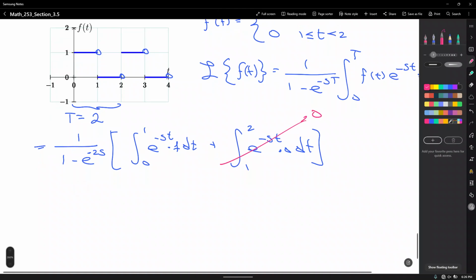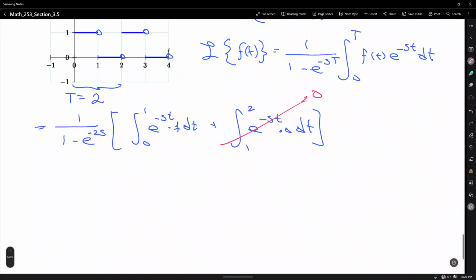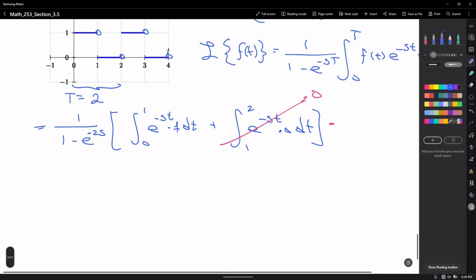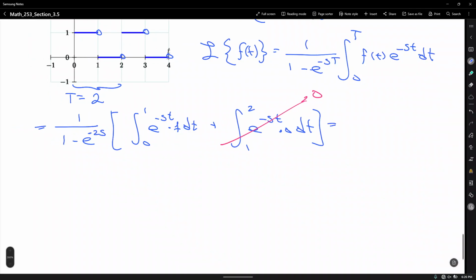The integral here equals 1 over 1 minus e to the negative 2s. Well, the integral of e to the negative st with respect to t is negative 1 over s e to the negative st from 0 to 1, okay?